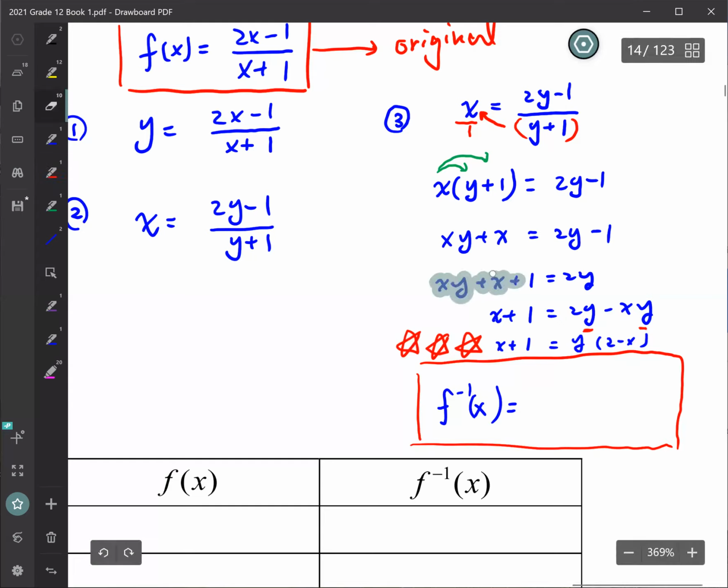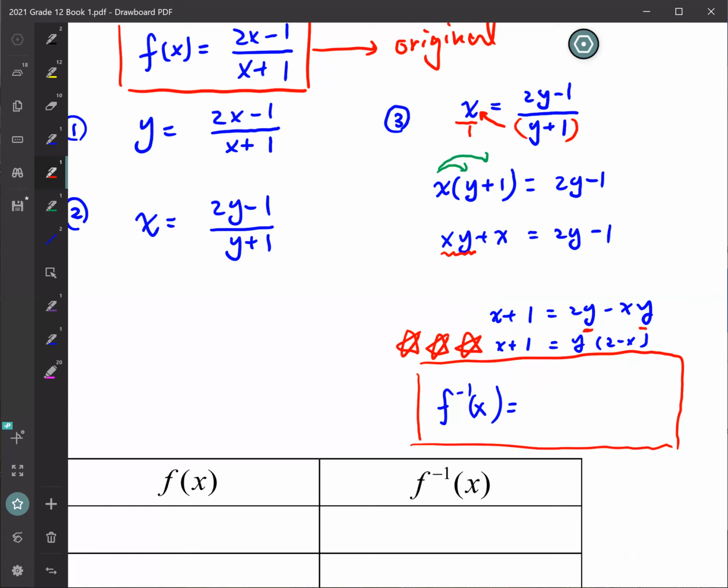Let me erase this one. You see the left side has xy, and the right side also has 2y. And then you have the green ones, the ones that don't have the y. Look at this line again.